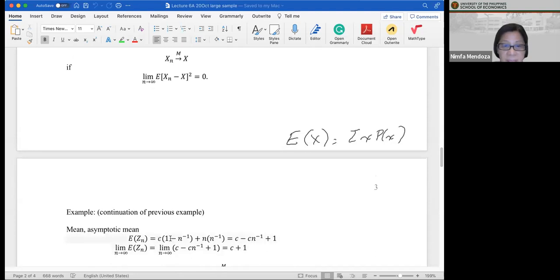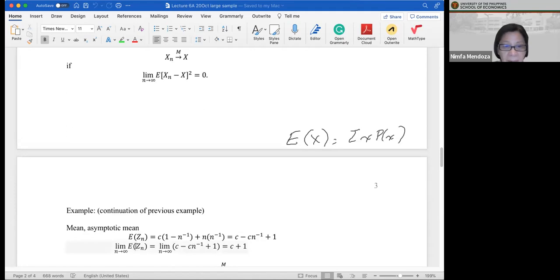So C with this probability and n with this probability. So this expression reduces to C minus C over n plus 1. What is the limit of the expected value of C sub n as n approaches infinity?